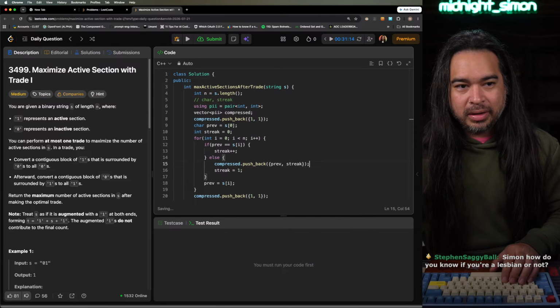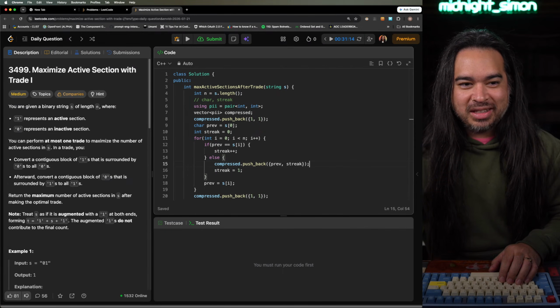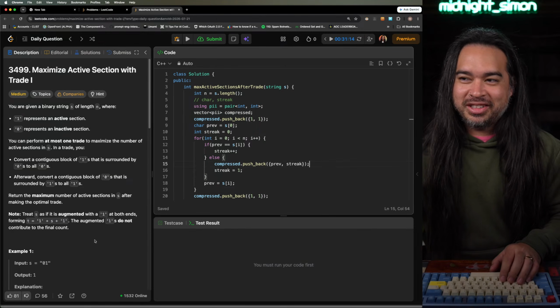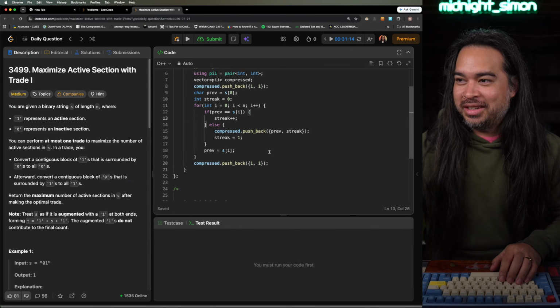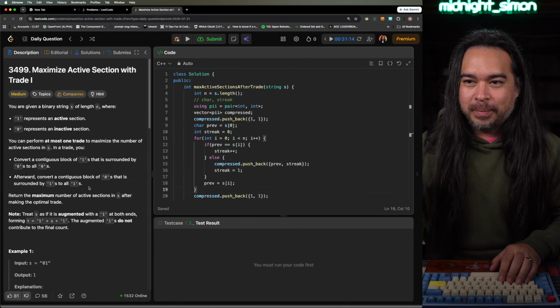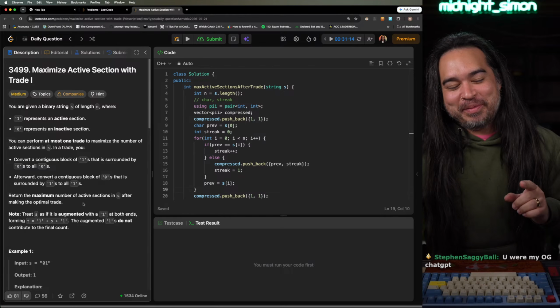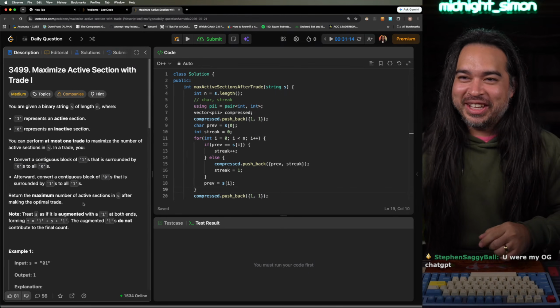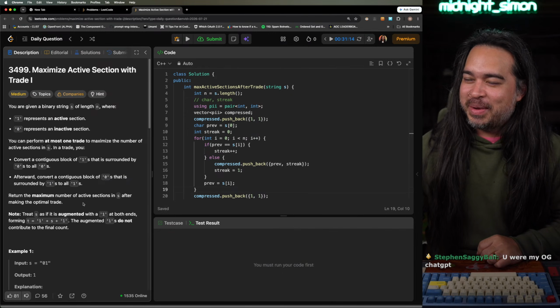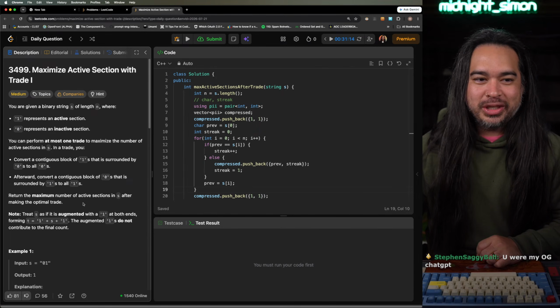This might be wrong. Steven Sagiball, what's happening? How do you know if you're a lesbian or not? That sounds like a good question to ask Claude or ChatGPT. I don't know, man. But I've asked my lesbian friend that when we were younger. Asked, man, how did you know? Or like, when? And she told me she knew it from a really young age.